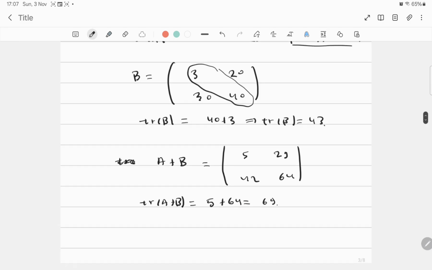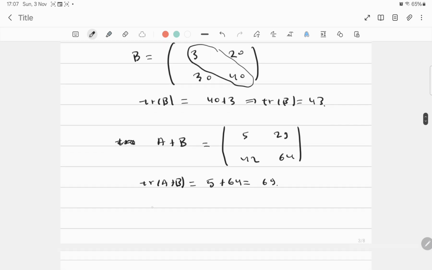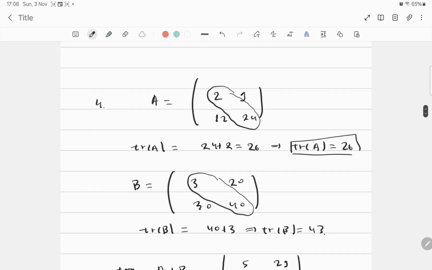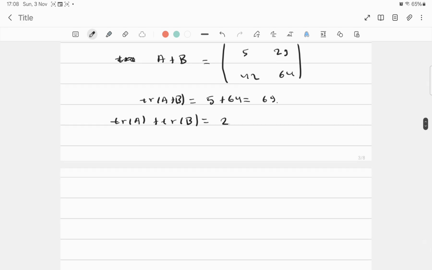This gives me 69. So here we notice the following, that the trace of A plus the trace of B, 26 plus 43, equals 69. So the trace of A plus B equals the trace of A plus the trace of B.